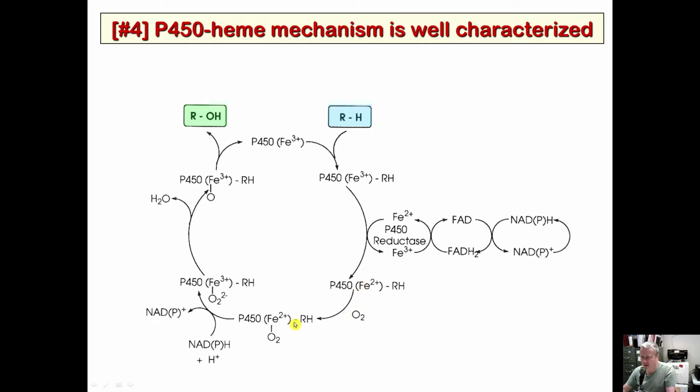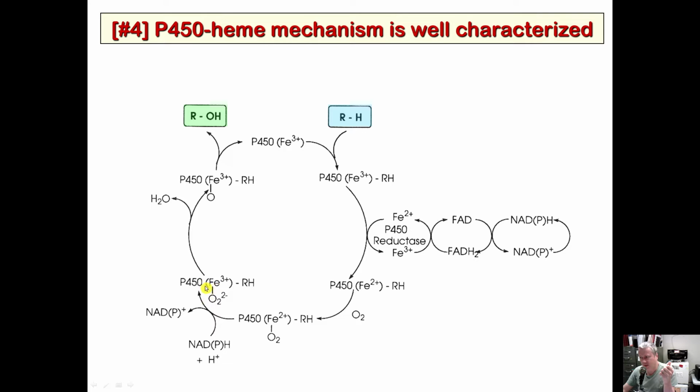Oxygen gets incorporated into the system, and there's a heme in P450 that interacts with oxygen. So iron is bound to oxygen, O2. Then, through NADPH and NADH, the oxygen gets reduced and the iron gets oxidized, so a couple of things are happening.